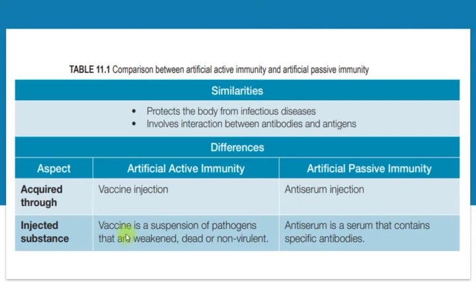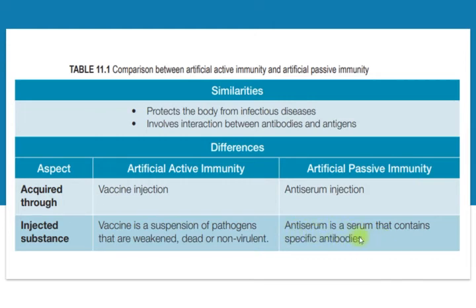The vaccine is a suspension of pathogens that are weakened, dead, or non-virulent. That is the injected substance for artificial active immunity. In artificial passive immunity, the injected substance is anti-serum.